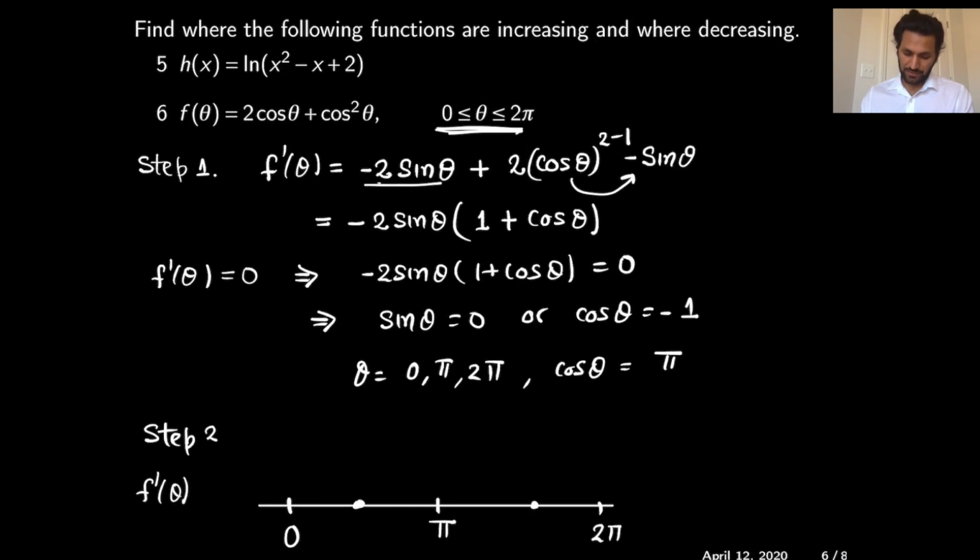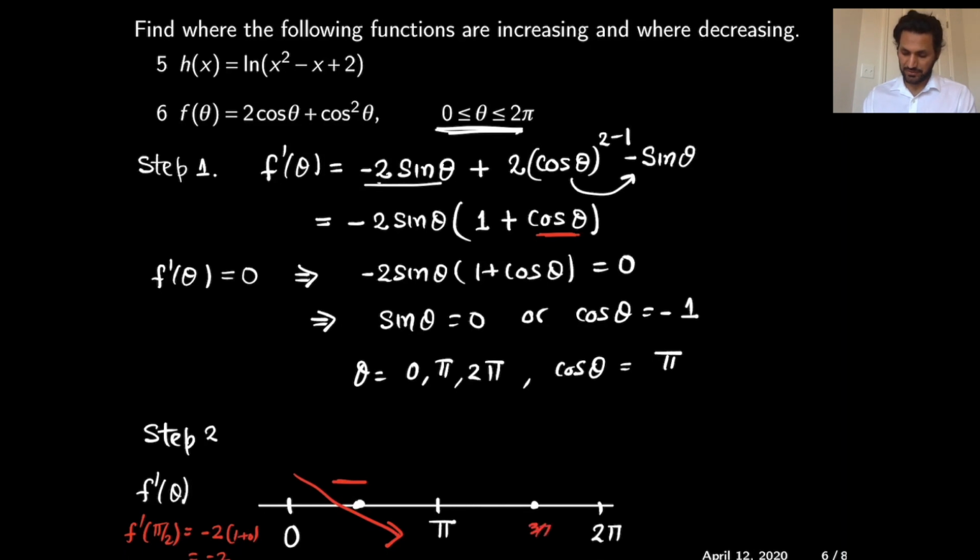So f prime at pi by 2: sine pi by 2 is 1, so that will be -2, and cosine at pi by 2 is 0, so that's basically 1 plus 0. That's giving me a negative number, so the function will be decreasing.